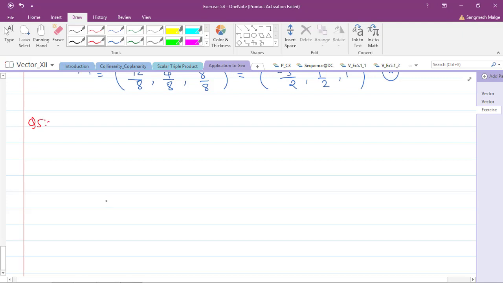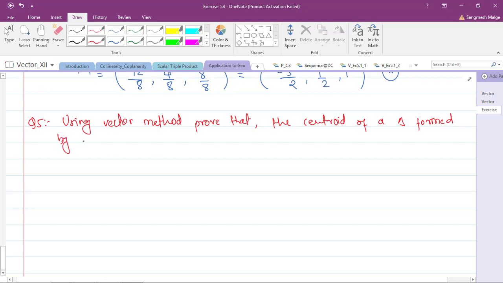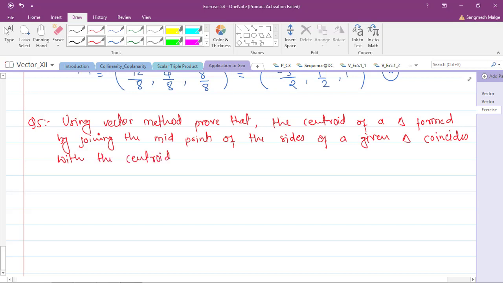Question number 5. Using the vector method, prove that the centroid of a triangle formed by joining the midpoints of the sides of a given triangle coincides with the centroid of the given triangle.